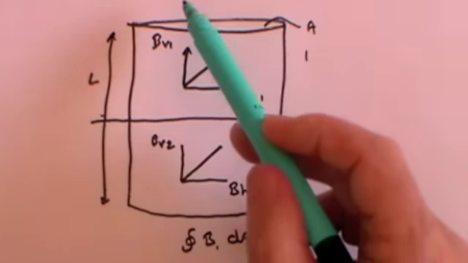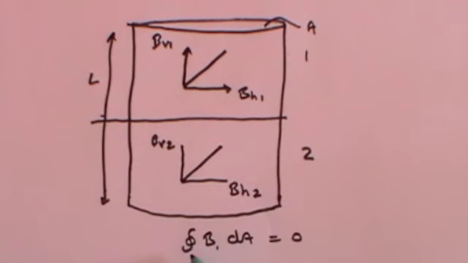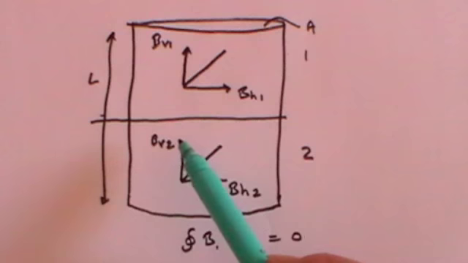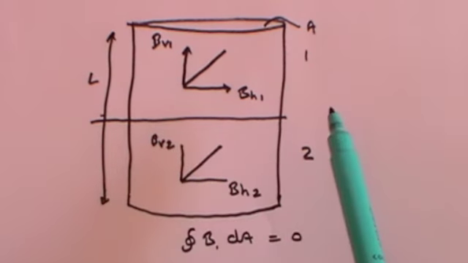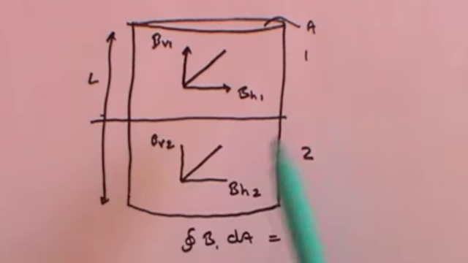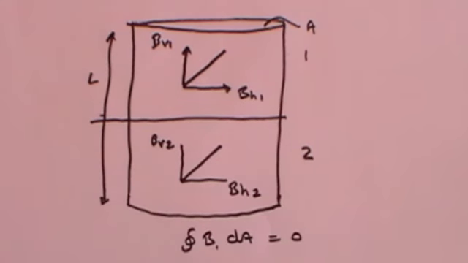We're going to have a BV1 term going out through the top area. We're going to have a BV2 term coming in from the bottom. And we're going to have the BH, the horizontal terms, going out through the sides. The horizontal bits don't go out through the top, and the vertical bits don't go out through the side.